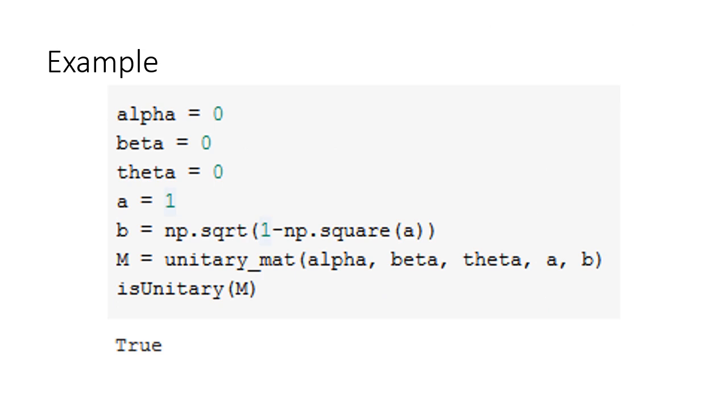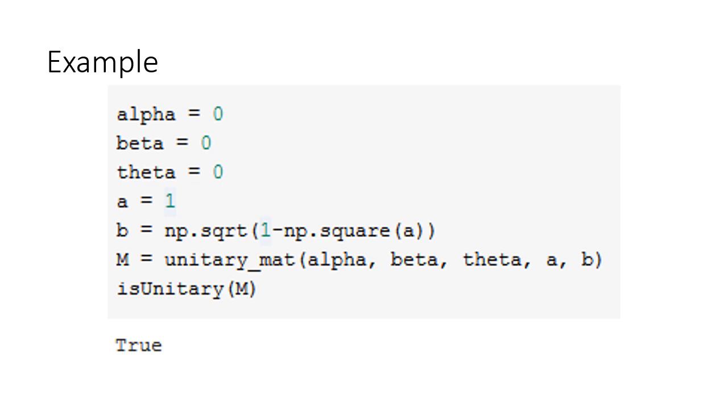For example, we can define alpha, beta, and theta as 0, A equal to 1, B equal to the square root of 1 minus A squared, and then we feed these 5 parameters into the unitary matrix function to obtain a matrix M. Then we can check whether it is unitary or not.